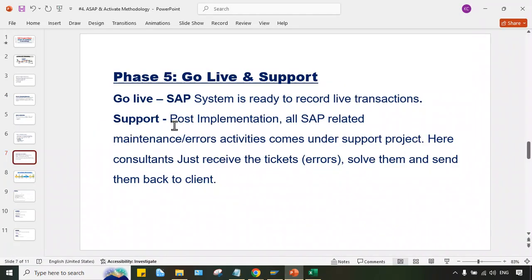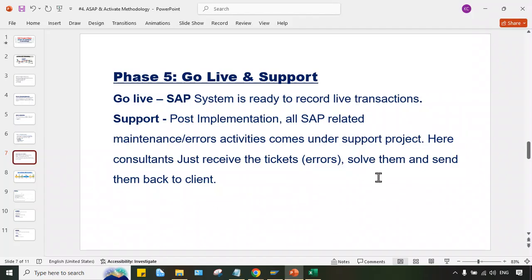And as I have written here, generally in support, after implementation, all this SAP related maintenance or error activity comes under the support project. And here the consultant just receives the ticket. Okay, a ticket is nothing but errors. You have to solve it, and then send it back to the client.